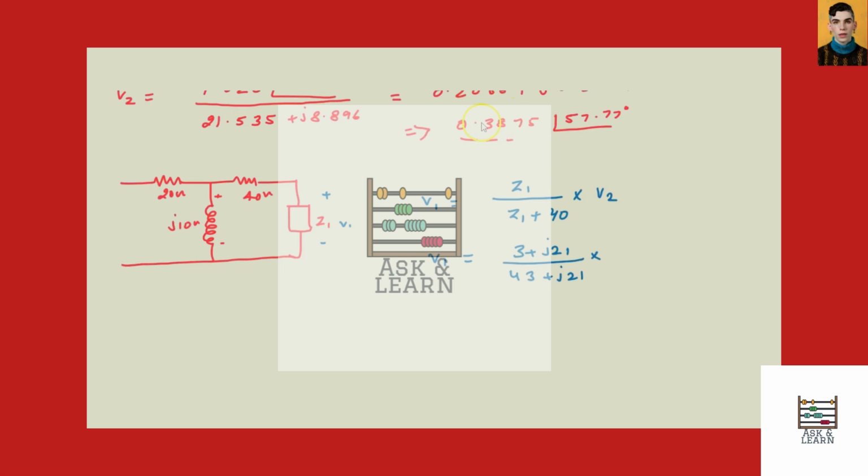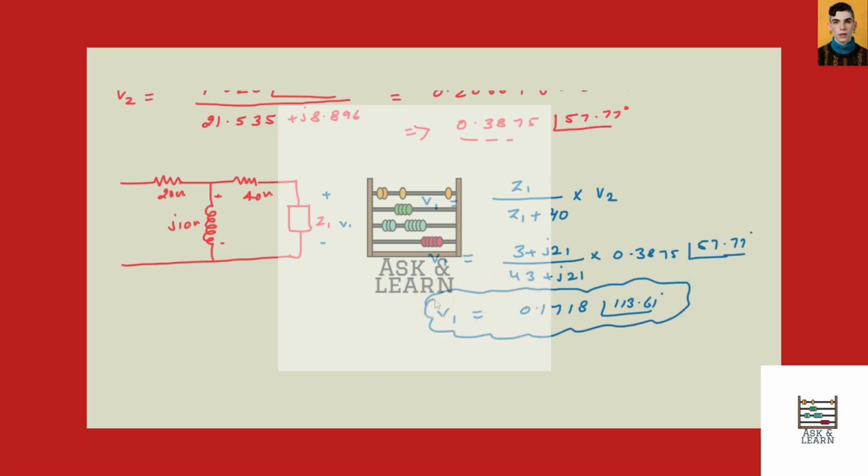Okay, V2 will be 0.3875 angle of 57.77 degree. Okay, so now by calculating this value, your V1 will be simply 0.1718 angle of 113.61 degree. Okay, so this is the value of V1.